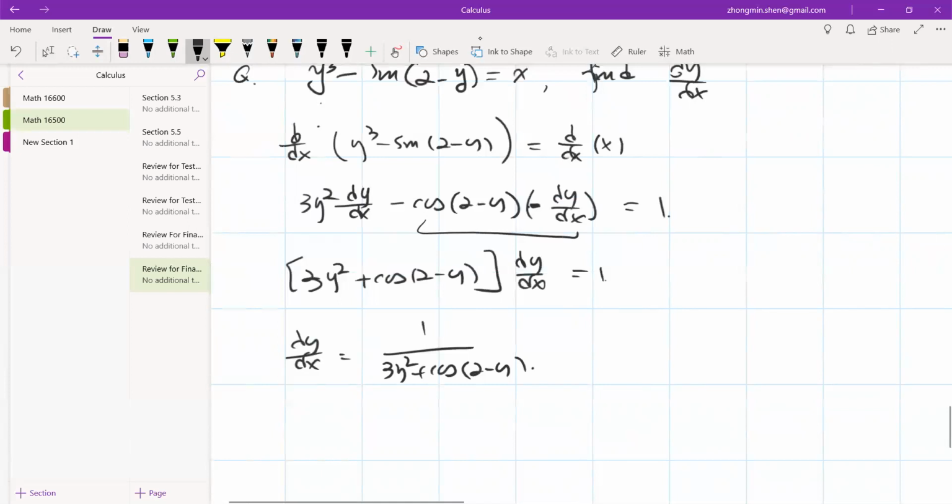You take the derivative of sine, so take the derivative of the inside function. Yeah, I have two negative signs there. Two negative signs, negative becomes positive. Then I take the derivative out.